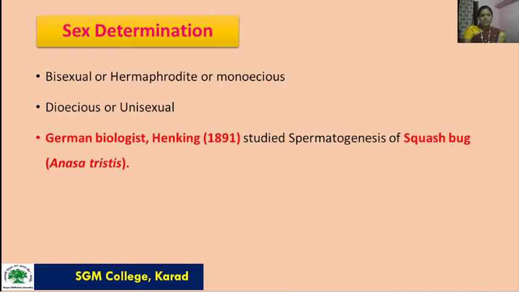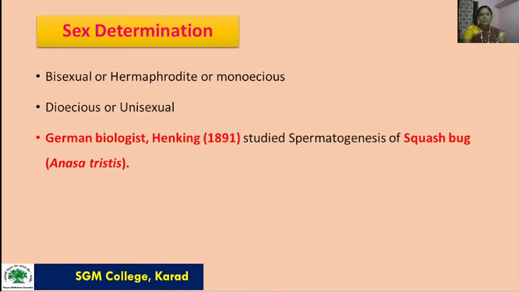So again we understand what exactly the mechanism given by Henking is. Henking first studied the spermatogenesis of a squash bug. The squash bug's scientific name is Anasa tristis. He observed a particular chromosome: 50% of sperms receive the unpaired chromosome, while the other 50% of sperms do not receive it.